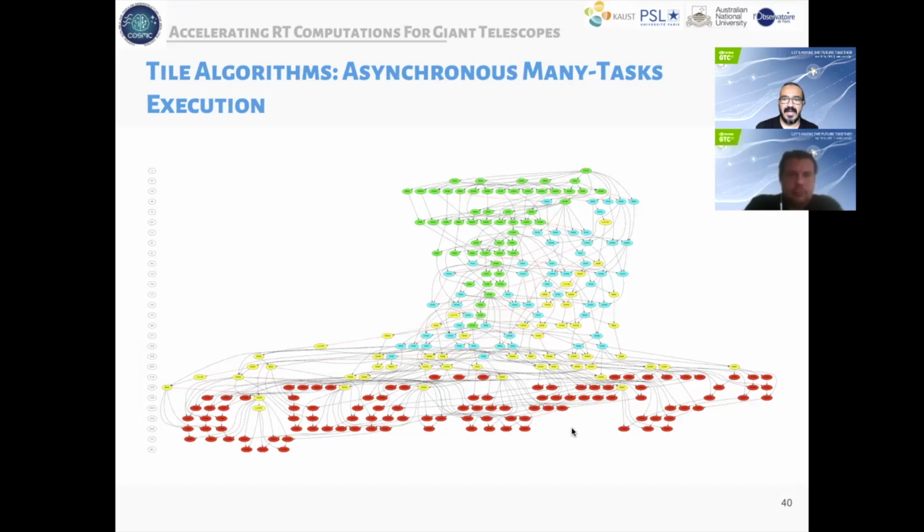The height of the DAG is the critical path, okay? So the ideal DAG is extremely wide, but its height is very small, okay? This is typically a DAG where you have lots of embarrassingly parallel operations.